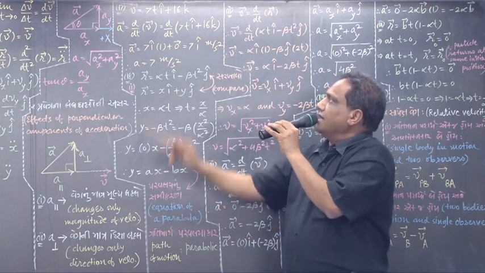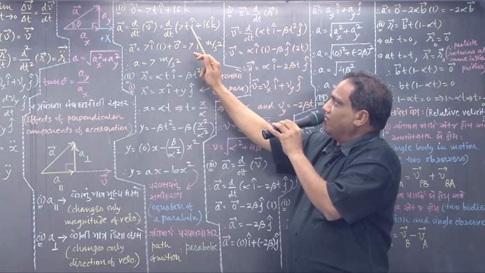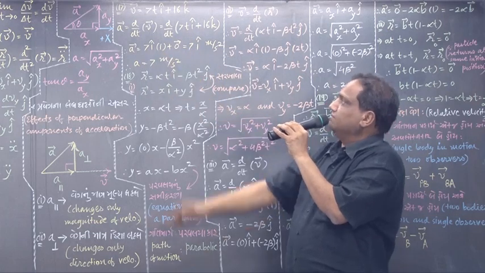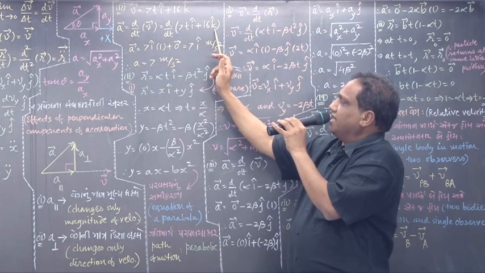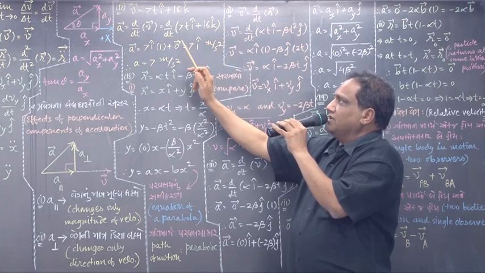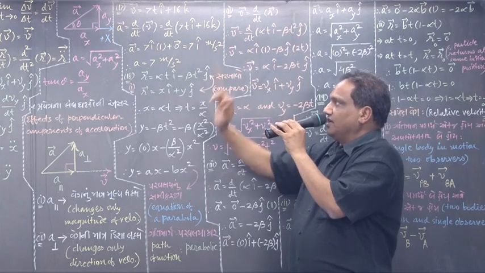Now 7 i hat is constant, and the derivative of t with respect to t is 1. Now 16k hat is a single constant term, and the derivative of a single constant term is 0. But because here it is a vector, I should add the 0 vector.